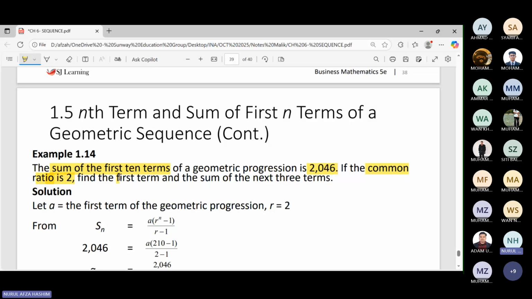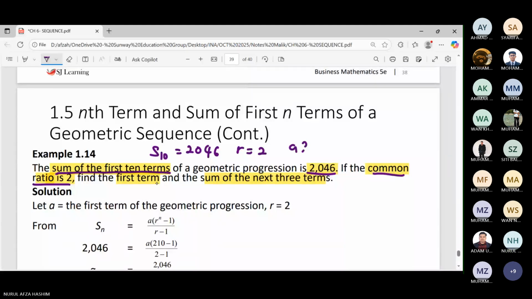So find the A and find sum of the next 3 terms. When you write down, it will be S10, it should be 2046. And then common ratio is 2.